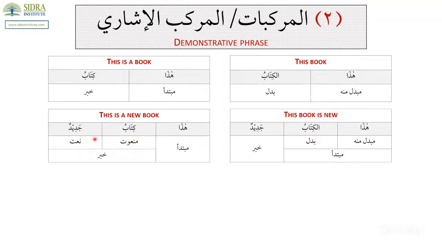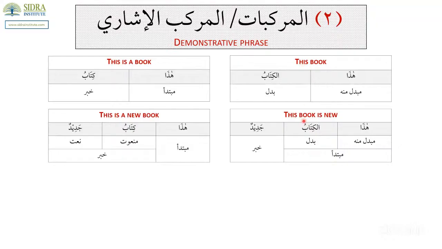The man'ut and the na'at will group together and become the khabar of هذا. And notice the translation. This is. In translation, if after the word هذا the word does not have al, you can more or less guarantee yourself to translate as this is.